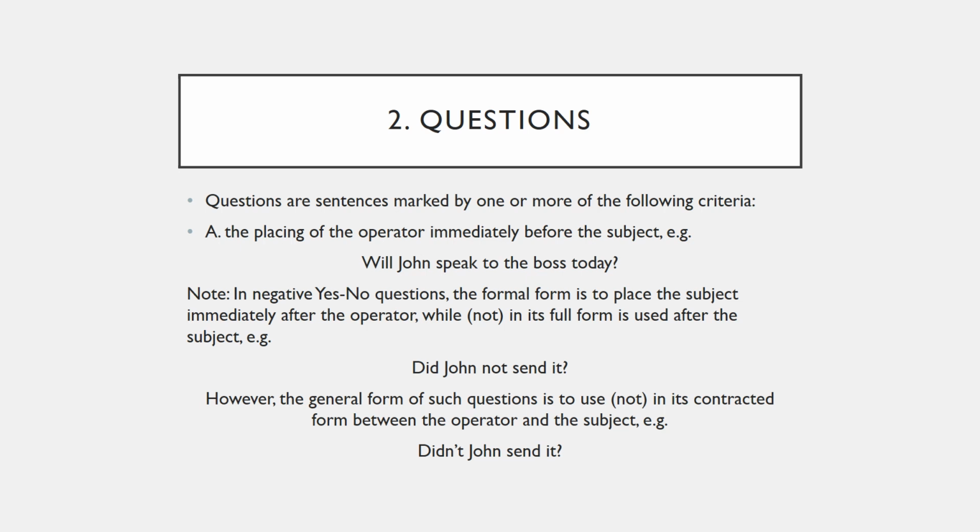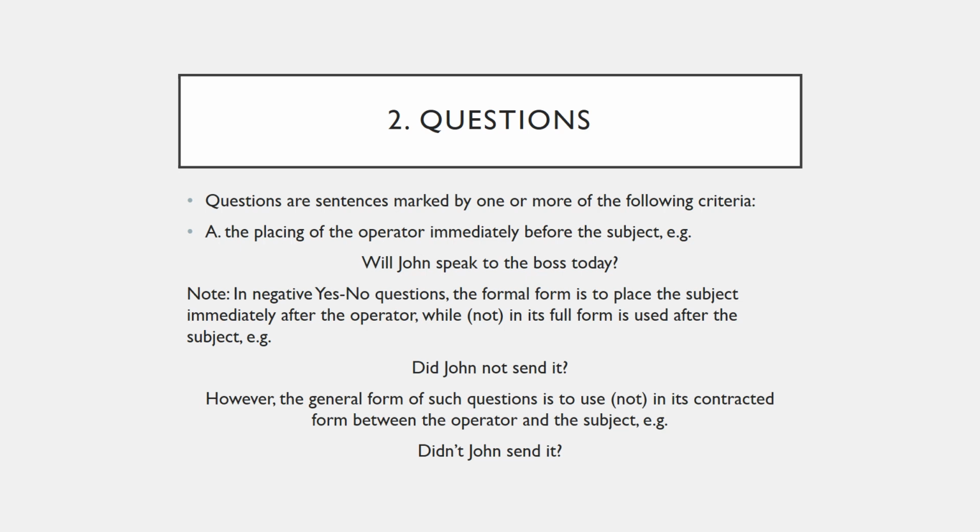But generally speaking, native speakers of English tend to use the not in the negative yes/no question in its contracted form, in its short form. And in such a case, they are going to put this contracted form of the not after the operator and before the subject.